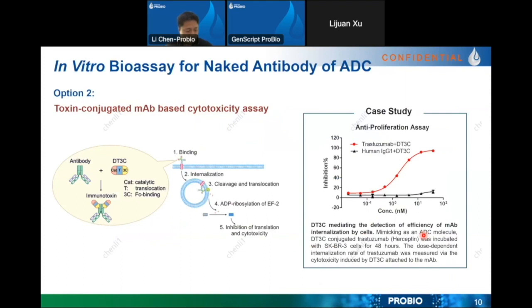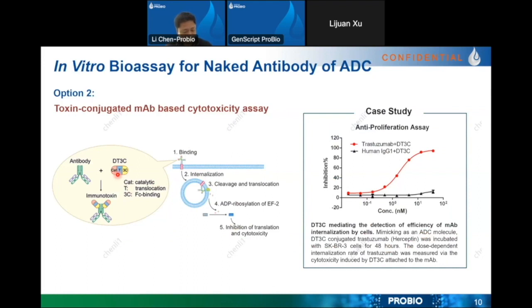The second option is toxin conjugated antibody-based cytotoxicity assays. The DT3C is a synthetic toxin acting as a surrogate of a payload toxin in ADCs.